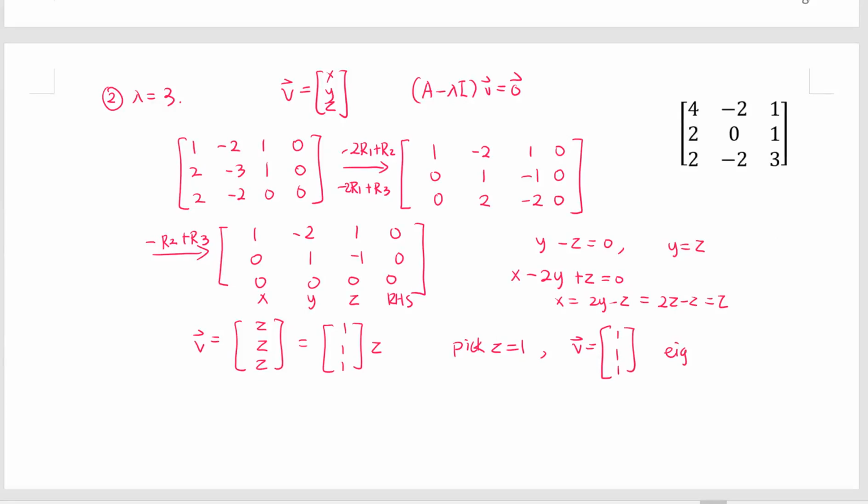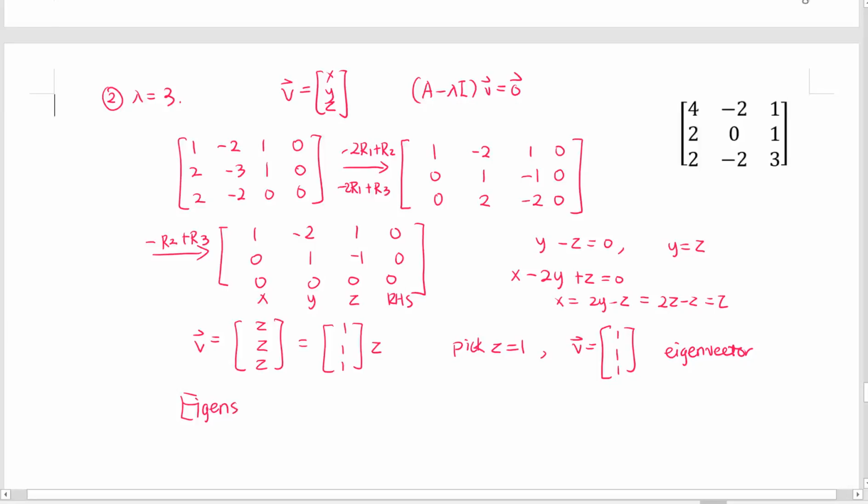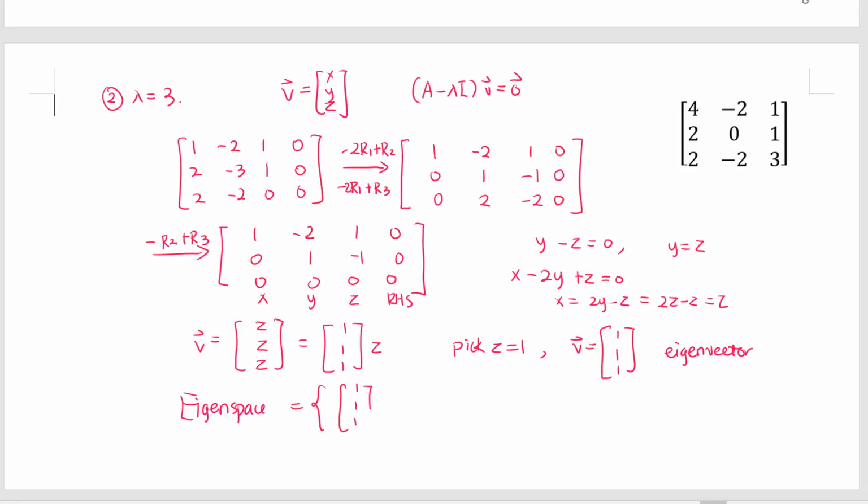So what is the eigenspace in this case? It's just a one-dimensional subspace of R3, with z in R. And what is the basis? It consists of just one vector, 1, 1, 1. And what's the dimension? Yes, 1.